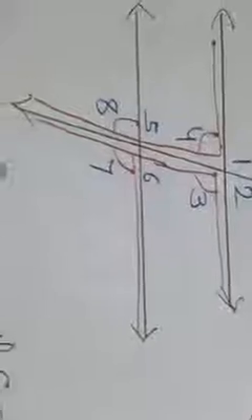Now we see the third type. For corresponding angles, we see the diagram. Again, two lines, one transversal. See the highlighted part carefully from the diagram.